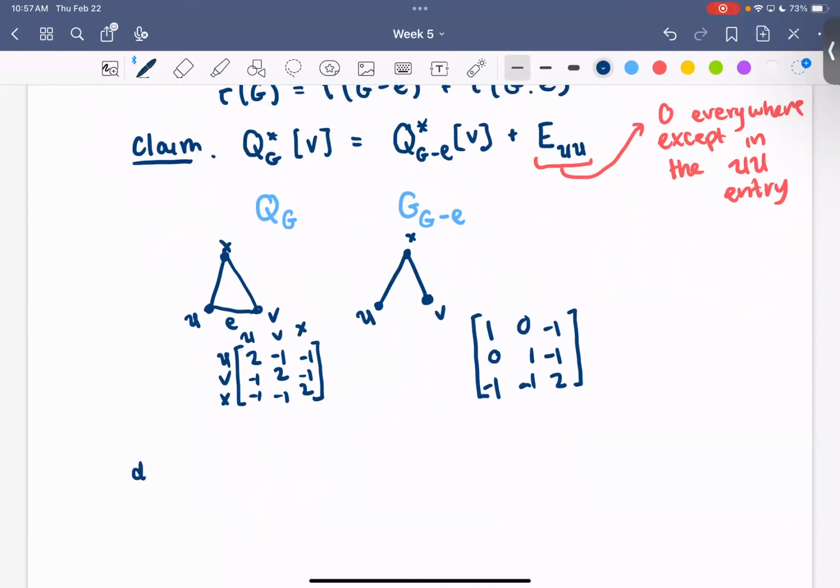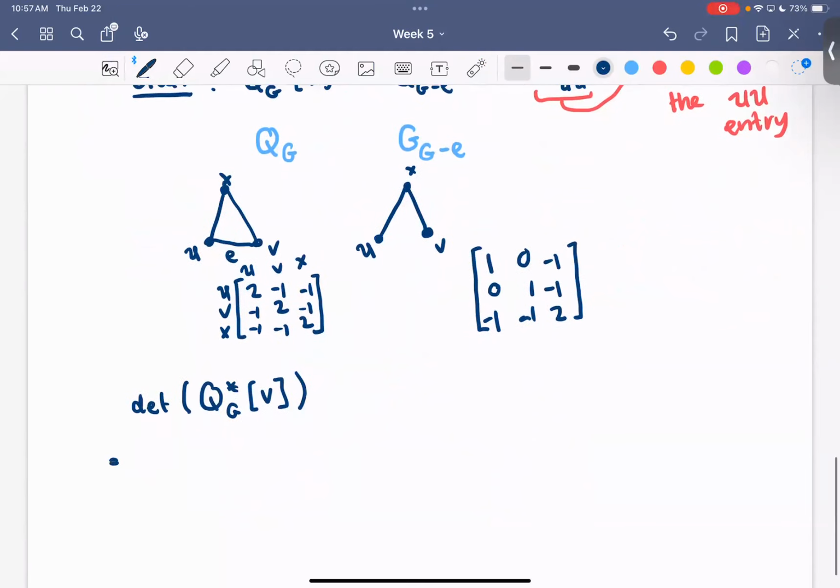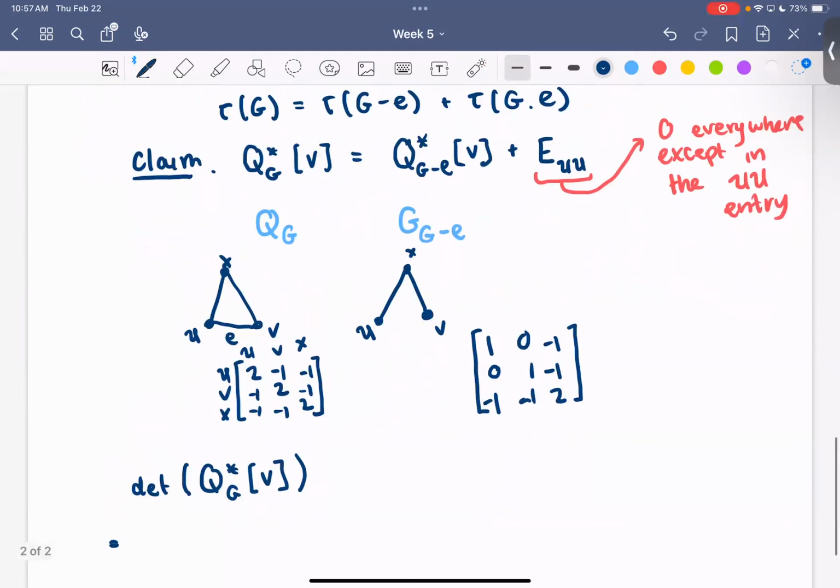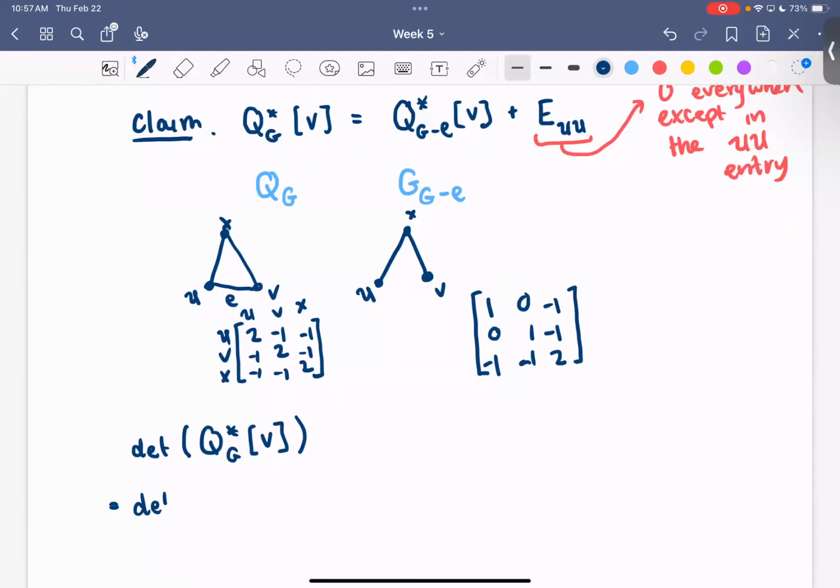So now I'm going to look at the determinant of Q sub G star V. We said that this was equal to, we can rewrite this by the claim, the determinant of Q sub G minus E star of V plus E sub UU.